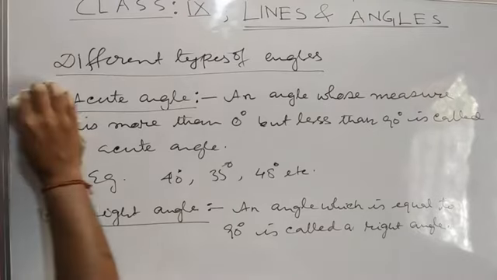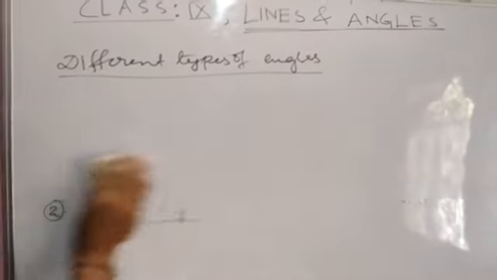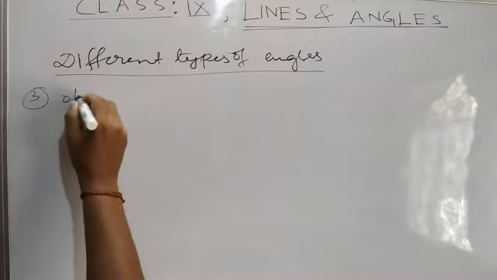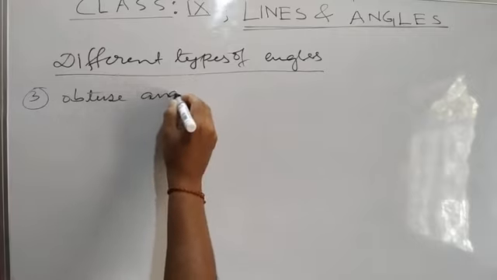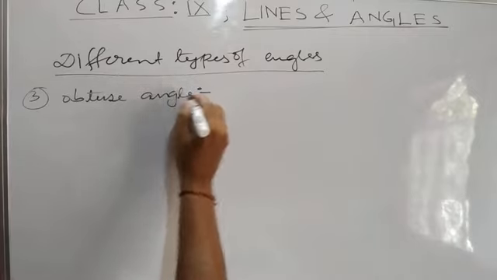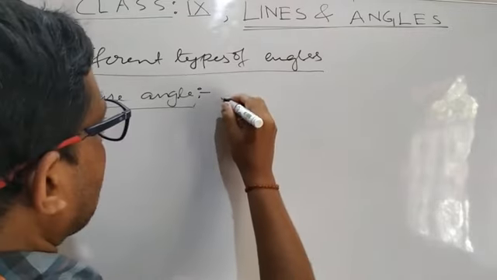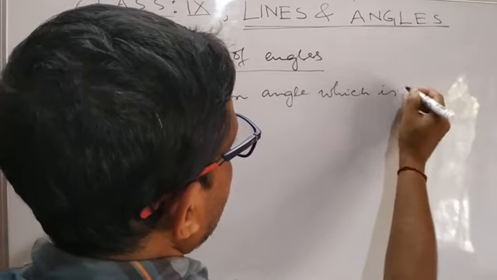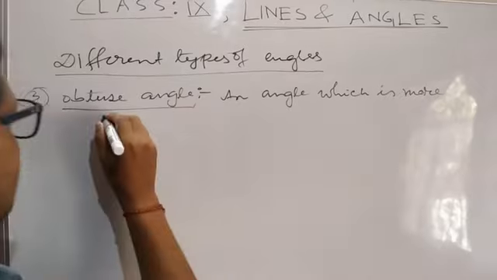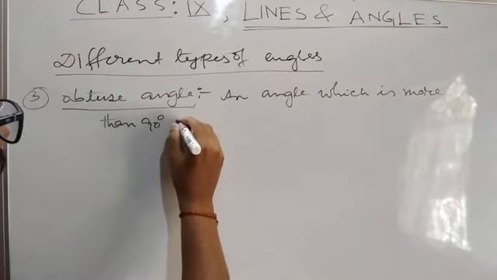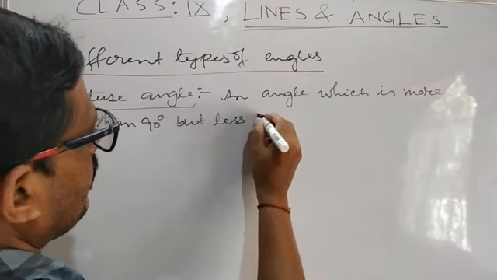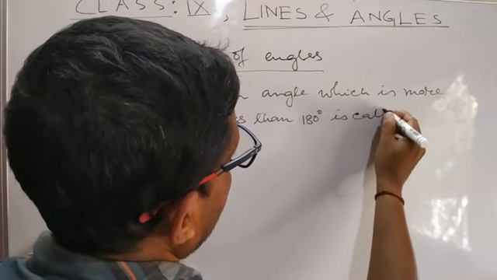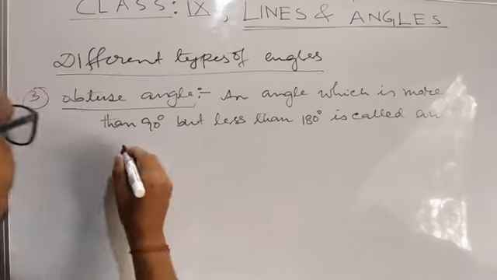Next, obtuse angle, number 3. An angle which is more than 90 degree but less than 180 degree is called an obtuse angle.